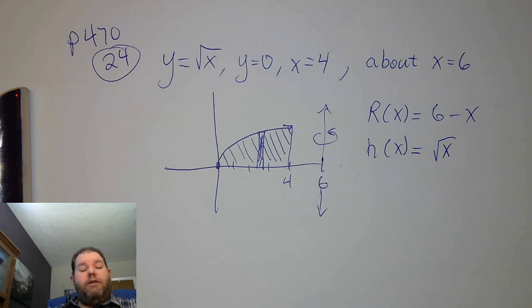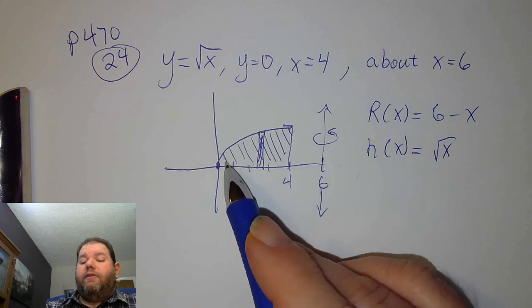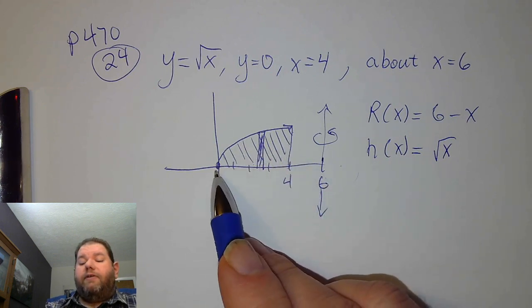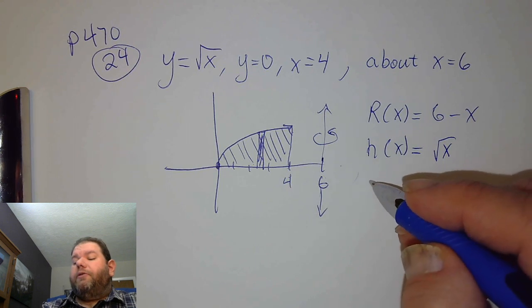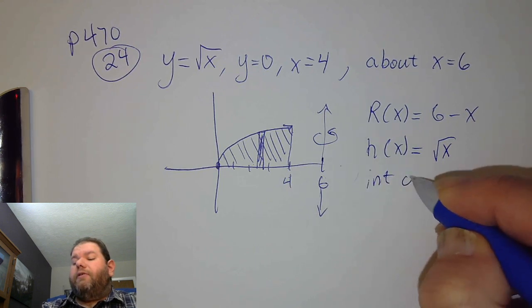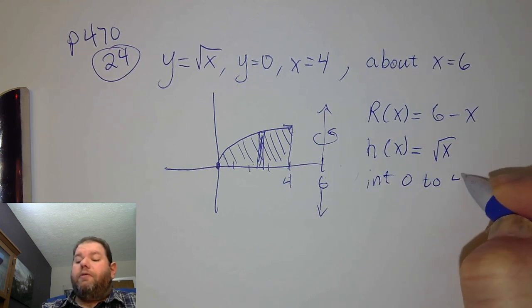The last thing we need are the limits of integration. And again, the limits of integration basically are the ones that outline where the shaded region starts and where the shaded region ends. Now this area we have starts at x equals 0 and stops at 4. So we're going to integrate 0 to 4.